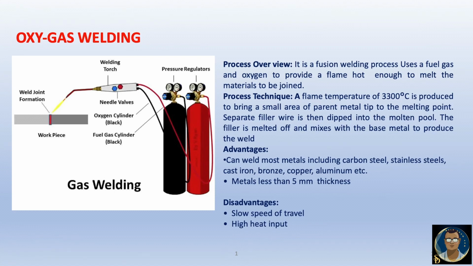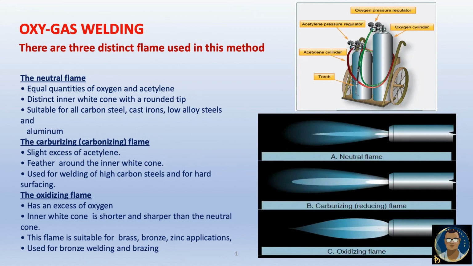Advantages: it can weld most materials, including carbon steel, cast iron, bronze, copper, aluminum and more. Disadvantages of this process: metal thickness must be less than 5 mm because of the limitation of the flame temperature, slow speed of travel and high heat input.